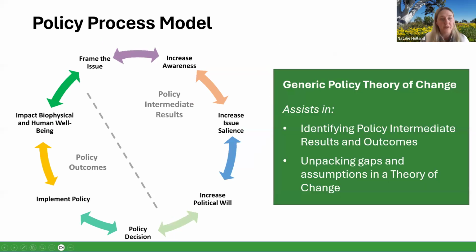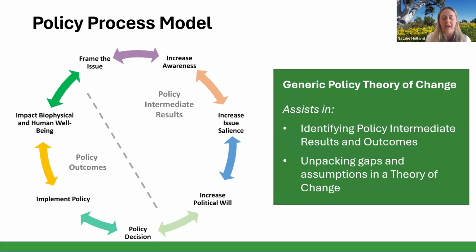So where does this fit in the process? We use this in developing results chains and the theory of change as just a framing to help teams think about, well, what might some of those intermediate results be? And we encourage them to frame, well, what is the policy outcome, being the policy decision or the implementation, or both, that they're seeking to achieve through that policy.